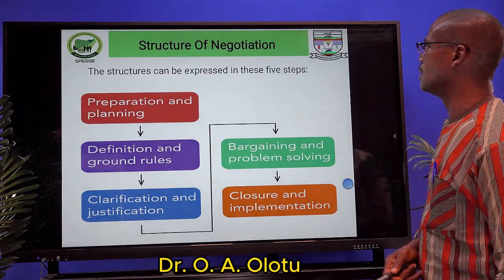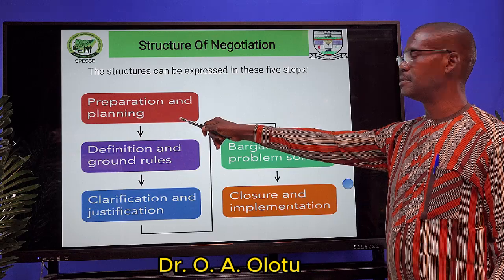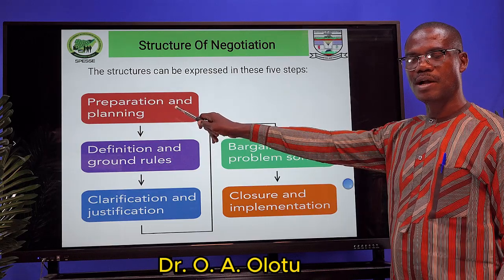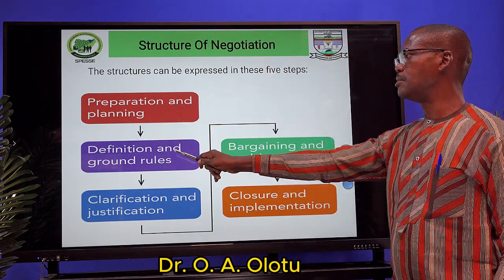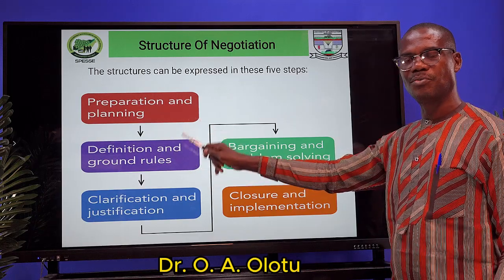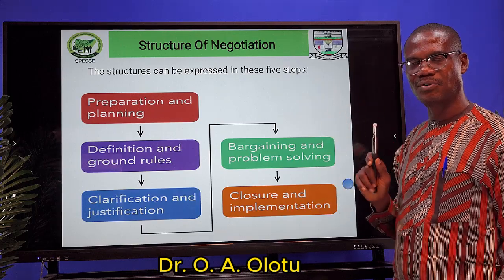The structure for negotiation is, first, preparation and planning. For every negotiation you must prepare, you must plan. That is the pre-negotiation stage that we talked about the other time. Then you must be able to define your concept. What do you want? How do you want it? You must define it for everybody in the organization to have an understanding.